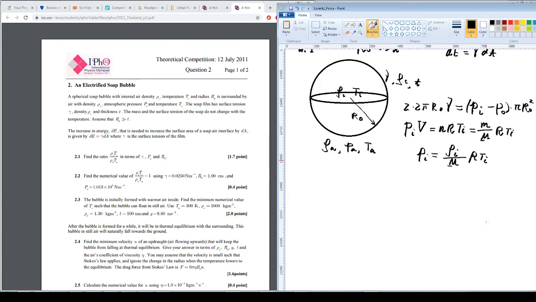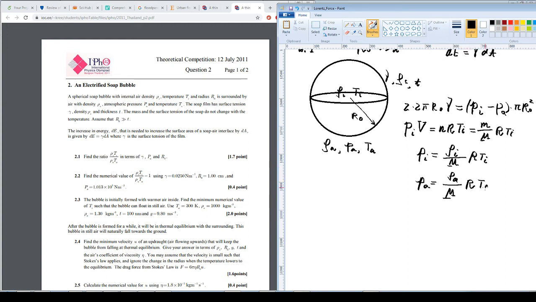Okay. So on the outside the same thing happens. Pa is equal to rho A R Ta over the molar mass of air, but really it's the same stuff, air.